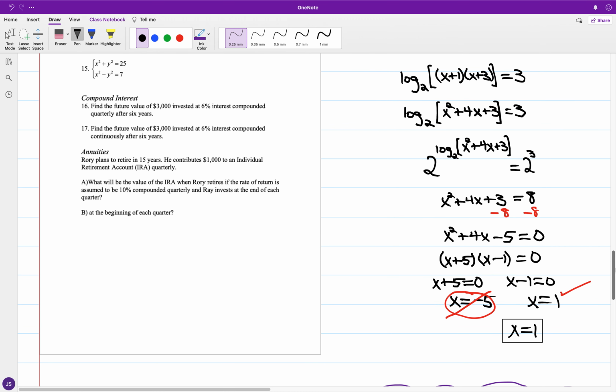going back to compound interest, and we'll look into systems of equations like what 14 and 15 will be referencing.